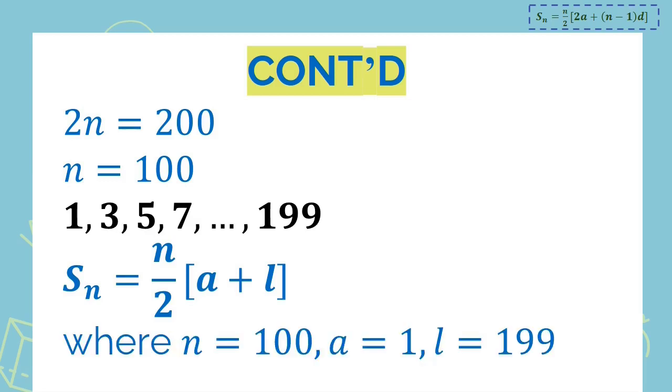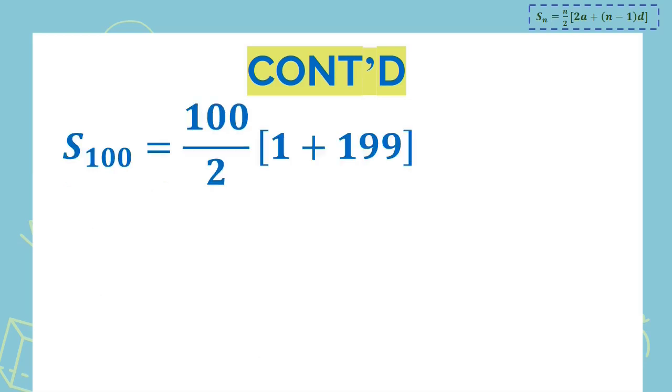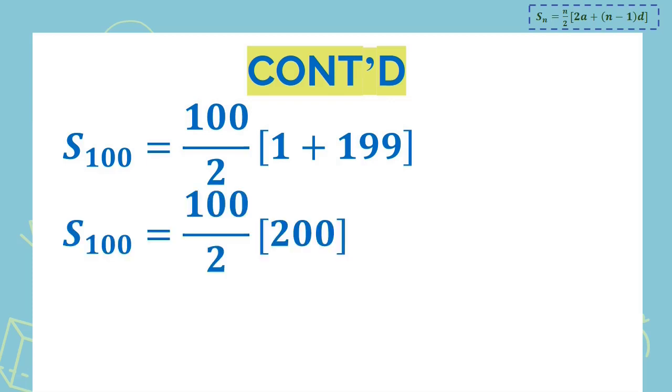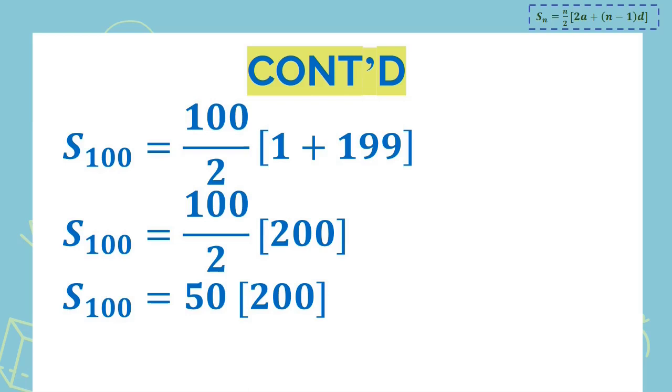N becomes 100. The A, which is the first term, is 1, and the last term is noted to be 199. So when we are to substitute, we are going to have the sum of the 100 terms to be 100 over 2, all multiplied by 1 plus 199. And that will give us 100 over 2 multiplied by 200, which also produces 50 multiplied by 200.